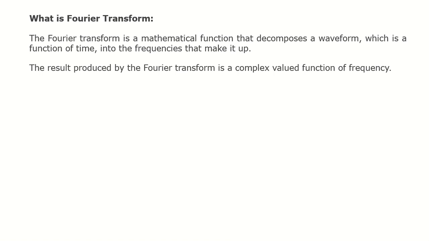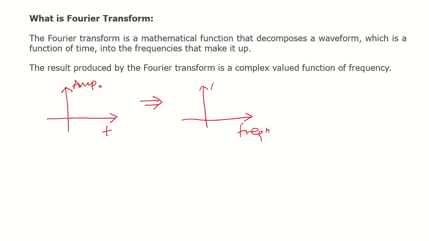So what a Fourier transform basically does is convert a time domain signal into a frequency domain signal. A time domain signal is represented by a time versus amplitude graph, and a Fourier transform converts this time domain signal into a frequency domain signal. A frequency domain signal is represented by a frequency versus amplitude graph.